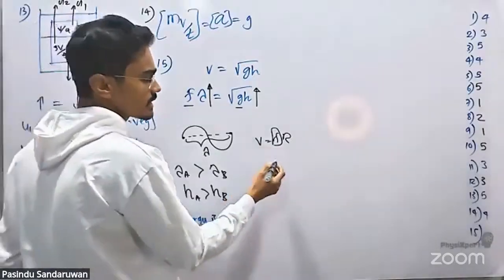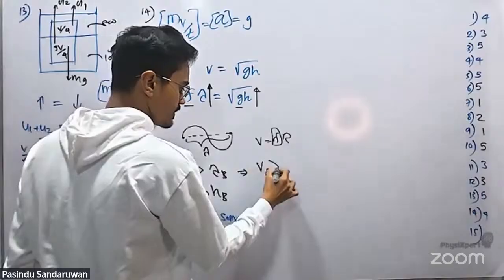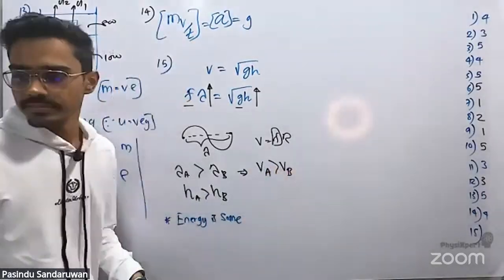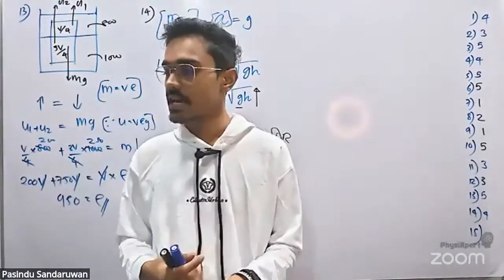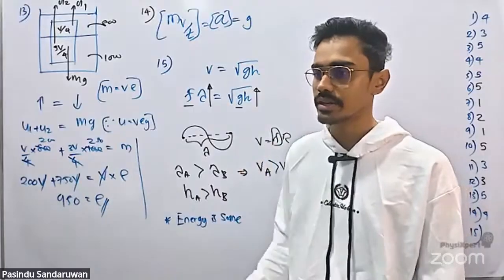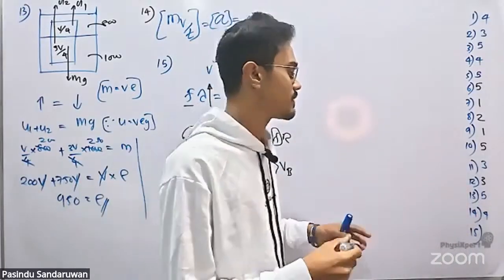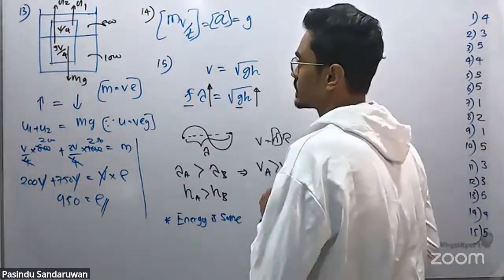Higher lambda is at A, which means higher velocity is also at A and lesser velocity is at B. The velocity of the wave at part B is less than part A. That is correct. And frequency is not changed. That is also correct. For 15, answer 5.